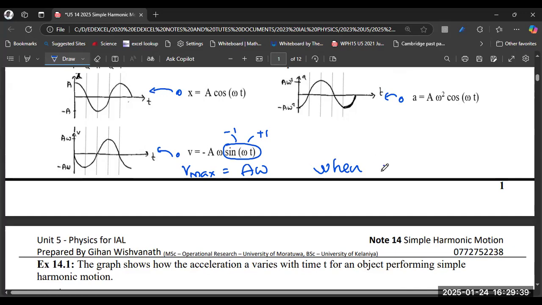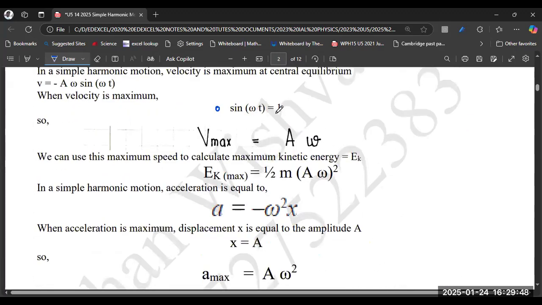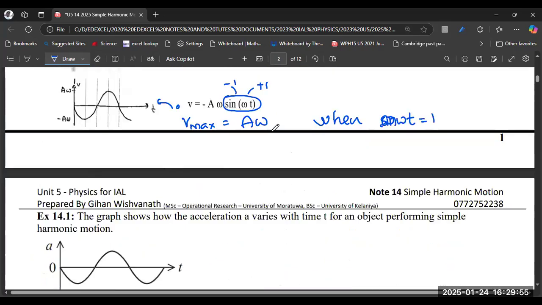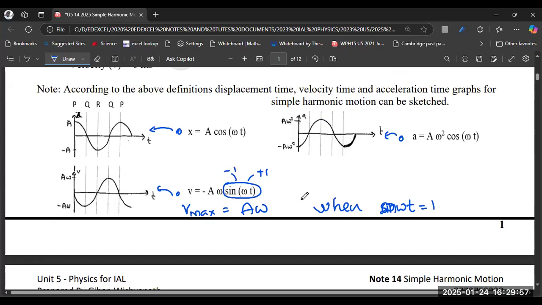So when sin omega t is equal to 1, we get the maximum value. We are only bothered about the magnitude, so the maximum value would be A omega.